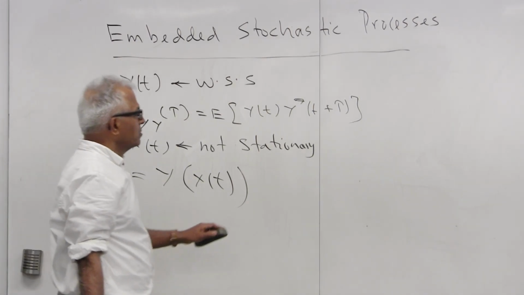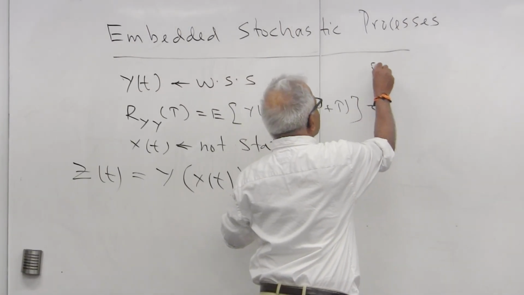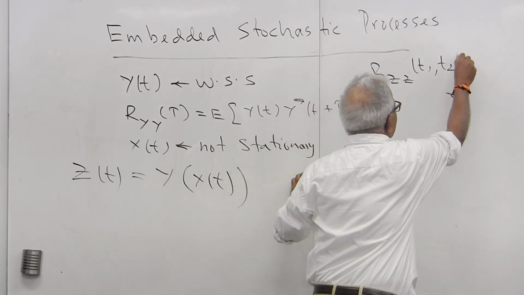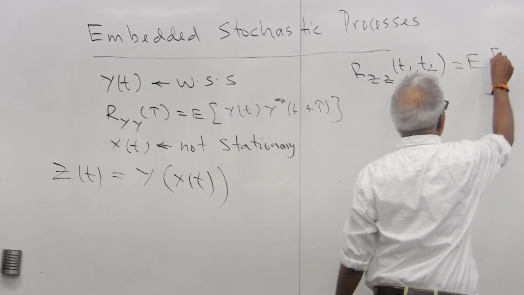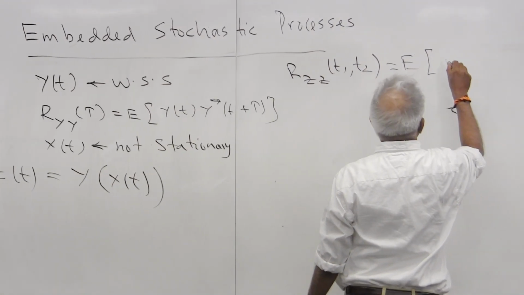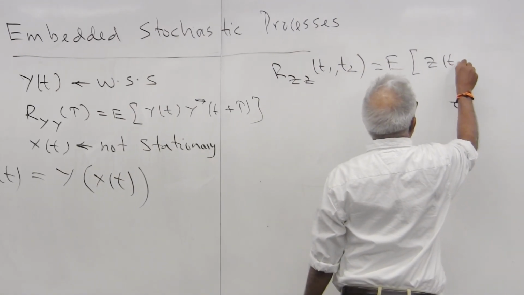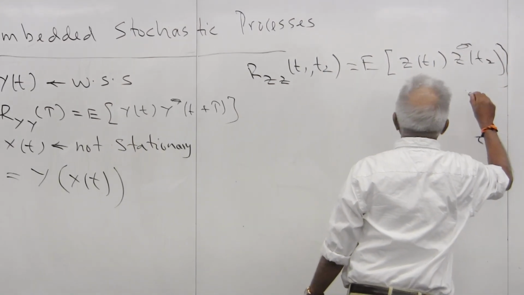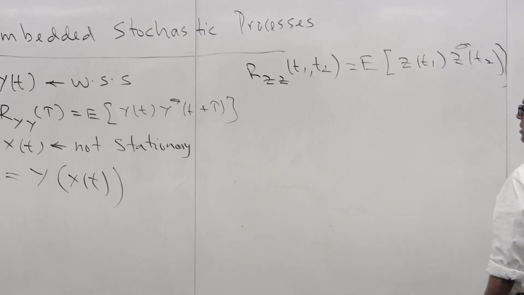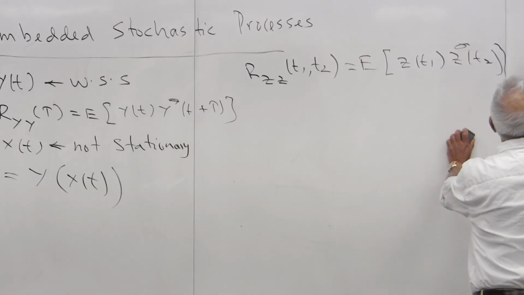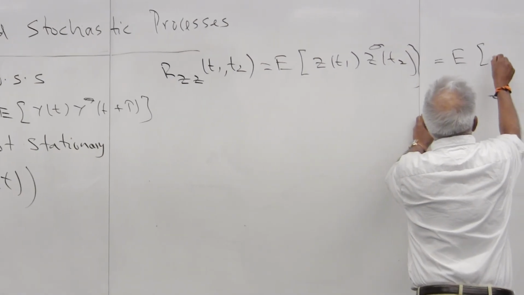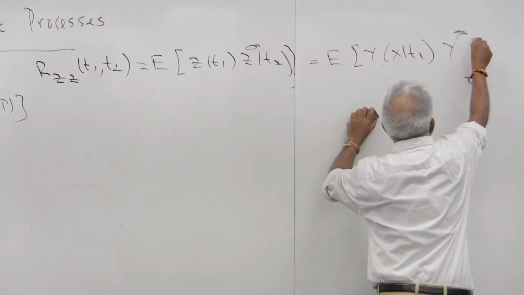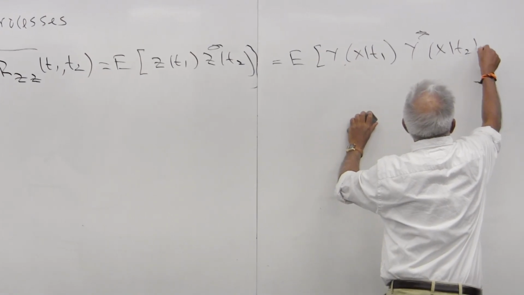So in general, if you look at R_ZZ(t1, t2), that's the expected value of Z(t1) Z(t2) star, but Z is y of x of t, so it is the expected value of y of x(t1) times y star of x(t2).